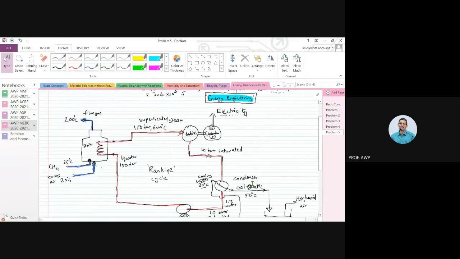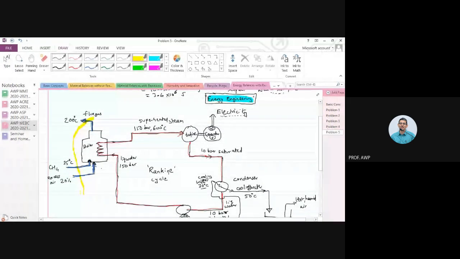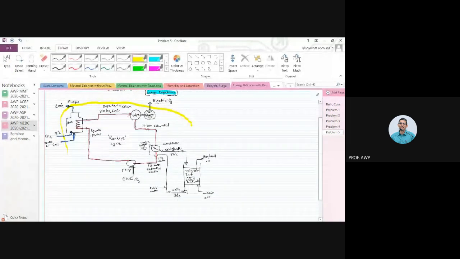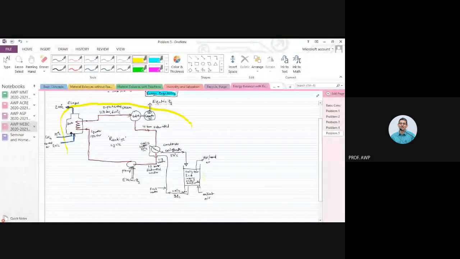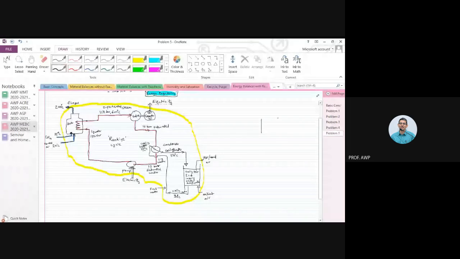So if you think about this whole thing as a power plant, as your control volume, this yellow control volume, what is coming into this control volume?